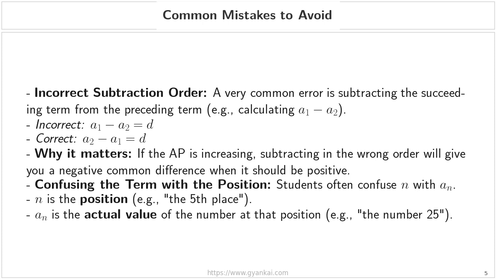It is easy to get lost in the notation, but remember, n and a sub n are not the same thing. Think of n as the position, for example, the fifth place in line. On the other hand, a sub n is the actual value or the number sitting in that position, such as the number 25. Keeping this distinction clear is vital for the formulas we will be using in our next lesson.